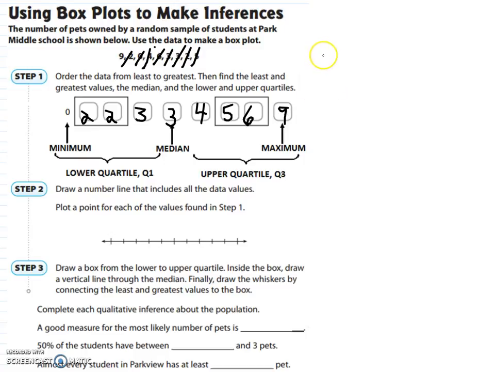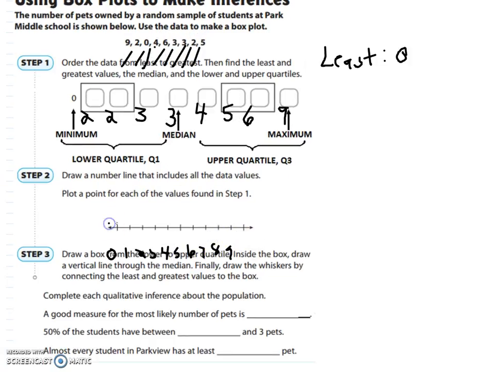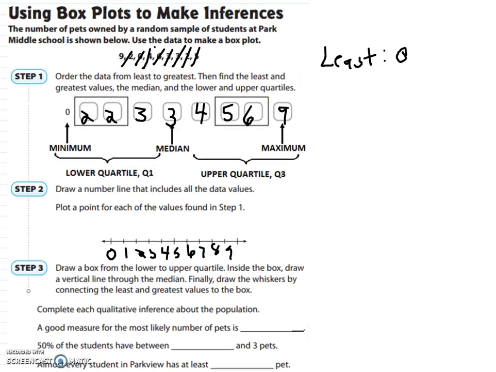Okay, so the least, or the minimum, is 0. We have 0, 1, 2, 3, 4, 5, 6, 7, 8, and 9. So we make a dot at 0.